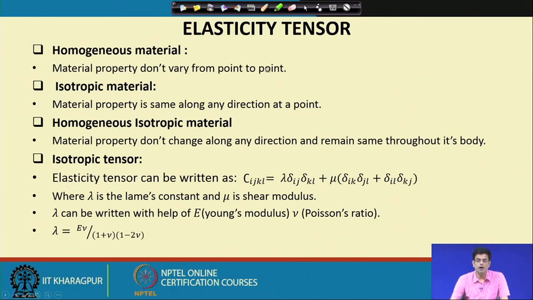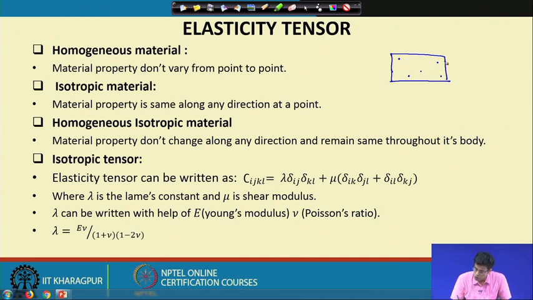Probably we discussed this in the first lecture: homogeneous means that, suppose there is a body, if I find out the material property at this point, and at this point, and the material properties or the Young's modulus at all points are the same, then we say the material properties are homogeneous.